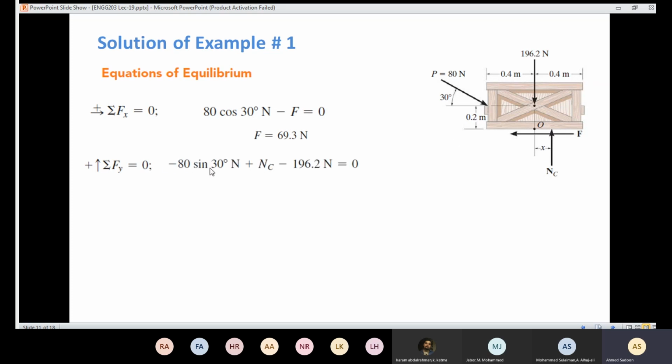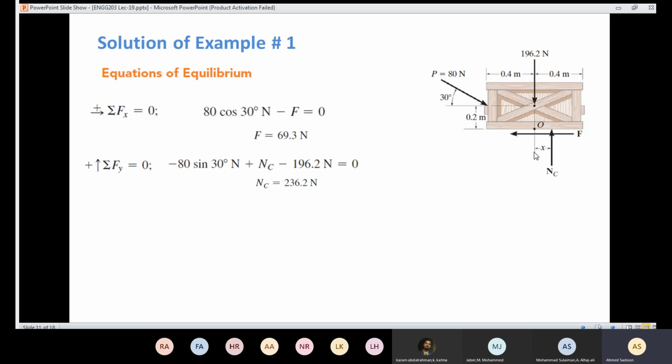I have minus 80 sine 30, the component in that direction, plus N, the normal force, and the weight is minus. So again, I have one unknown, one equation, I can easily solve for N. N came out to be 236.2 newtons. So now I know the value of F and I know the value of N.